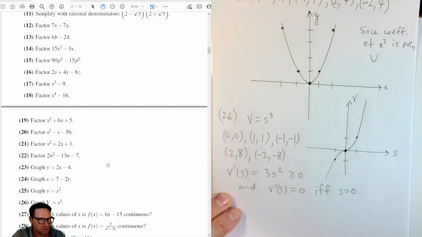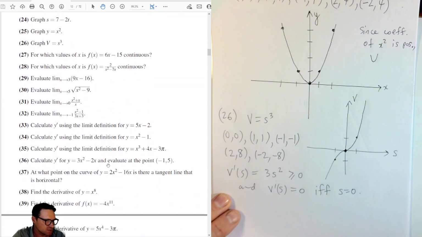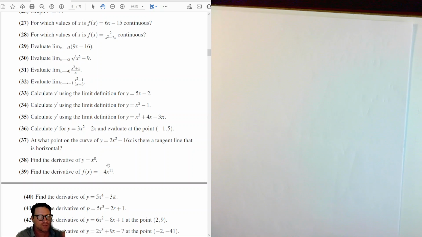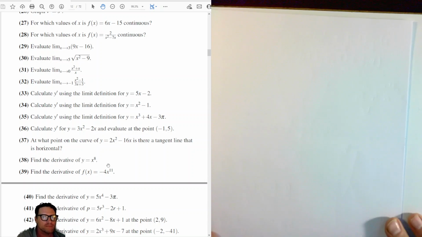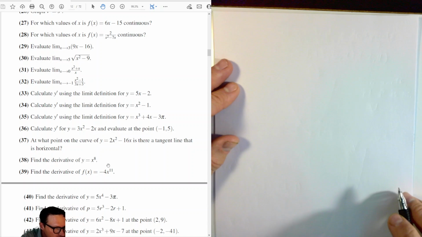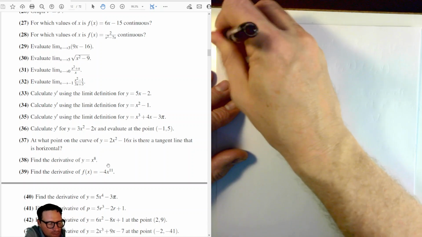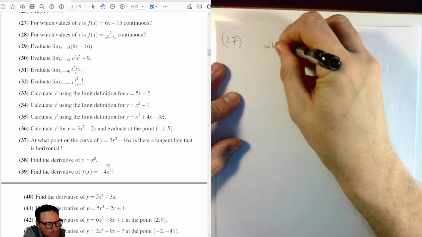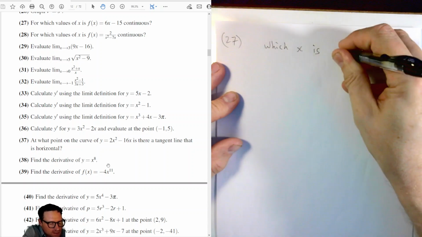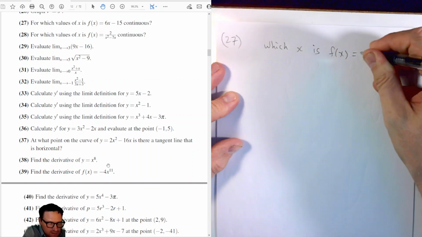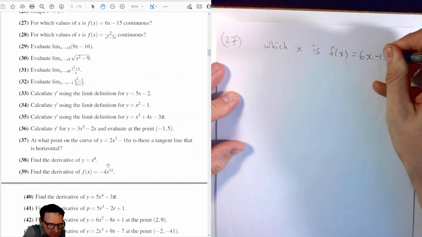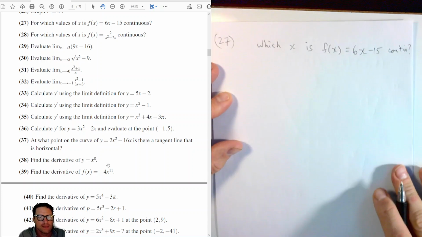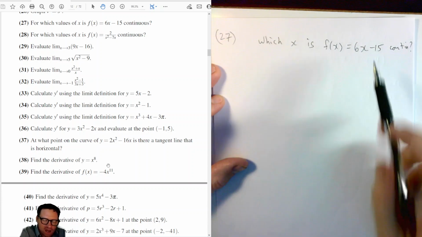Okay, let's move on to question 27 on continuity. Okay, so for which values is the function 6x minus 15 continuous? Well, it's a line.